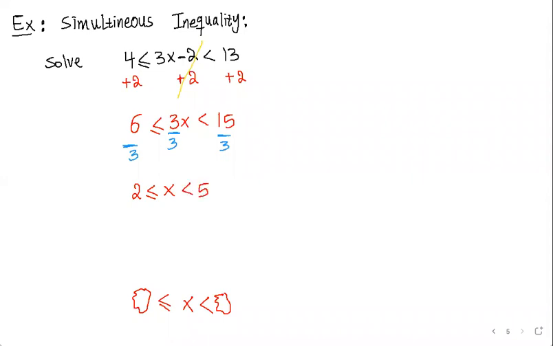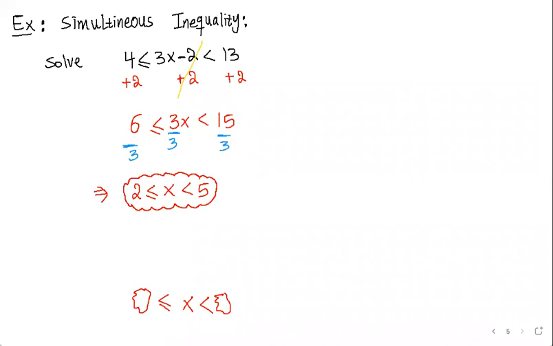Look here, we're dividing all sides by a positive number, so the sign doesn't change. We use the same inequality signs, less than or equal and less than. And this is my solution for the inequality.